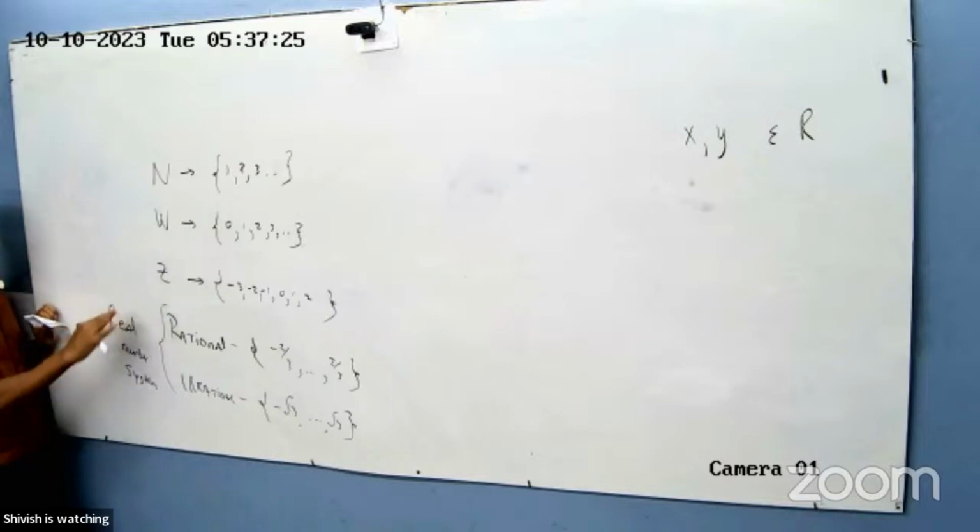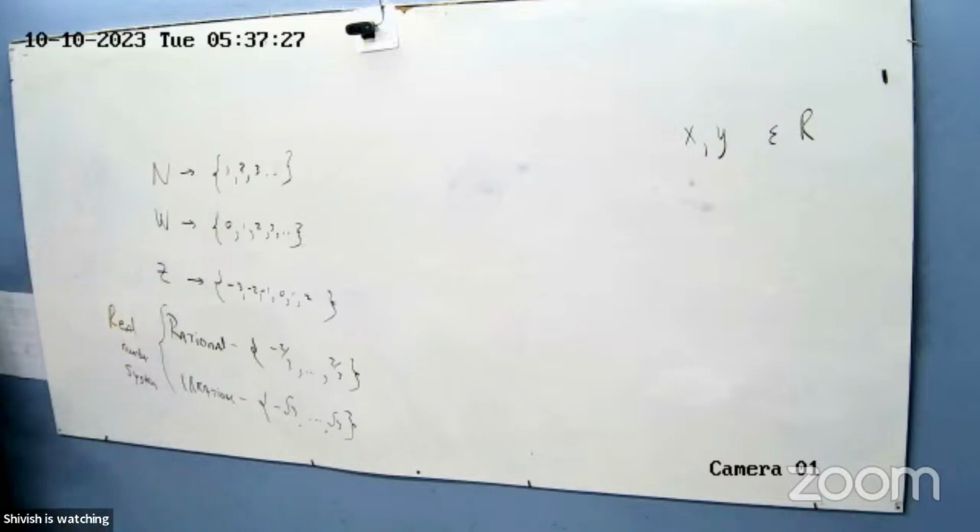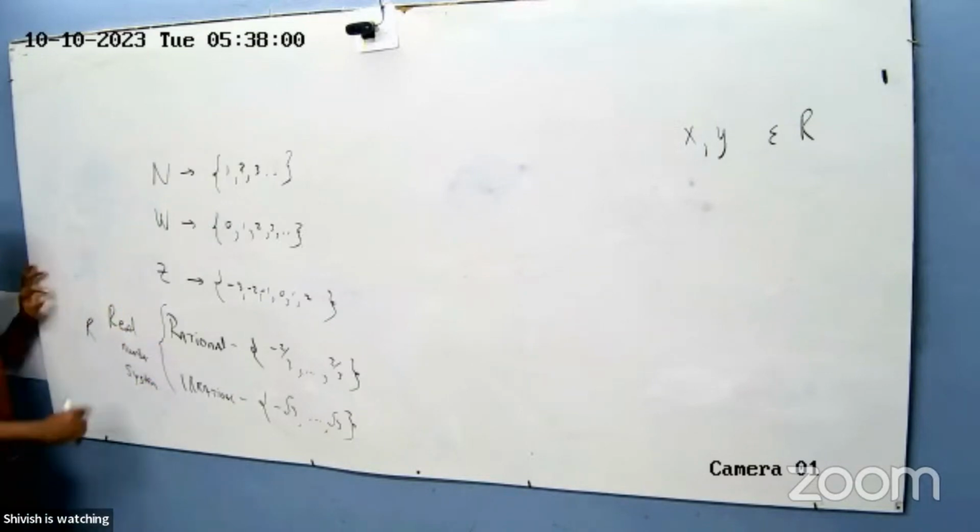So the superset or the universal set in all of this is the real number system, and the symbol for it is R. R plus is all the positive values, R minus all the negative real numbers. So whenever you see R, they're referring to this. So the universal set is this.